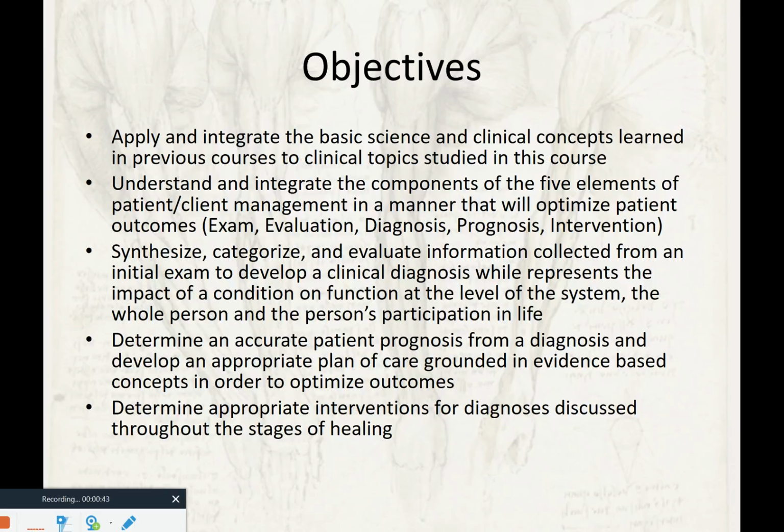We want to synthesize, categorize, and evaluate information collected from an initial exam to develop a clinical diagnosis, while representing the impact of a condition on the function at the level of the system, the whole person, and the person's participation in life. We want to determine an accurate patient prognosis from a diagnosis and develop an appropriate plan of care grounded in evidence-based concepts in order to optimize outcomes. And finally, we want to determine appropriate interventions for diagnoses discussed throughout the stages of healing.